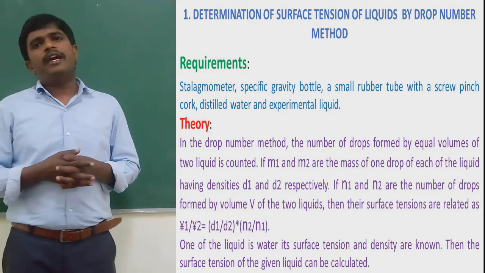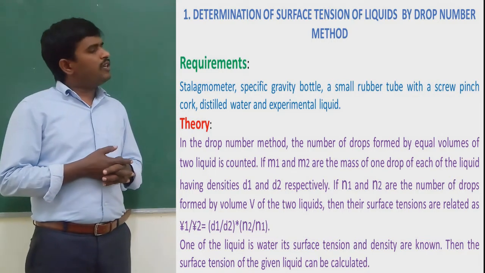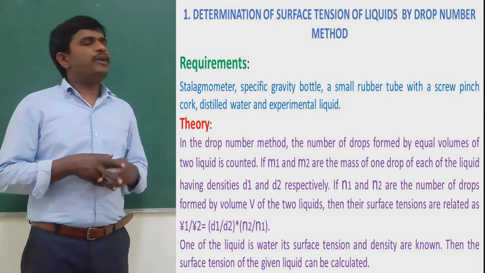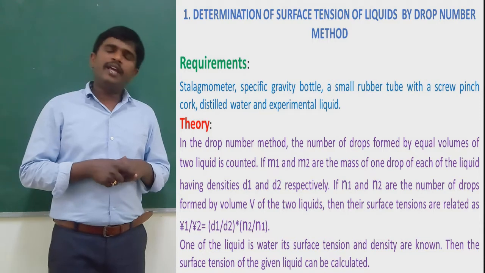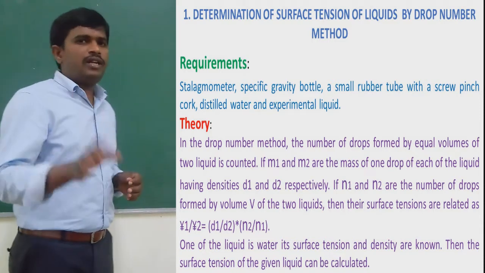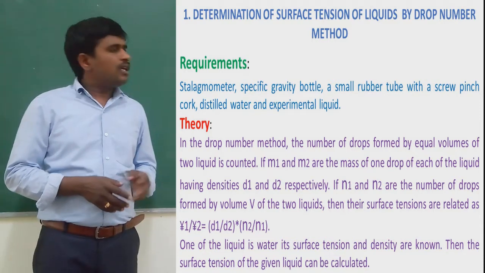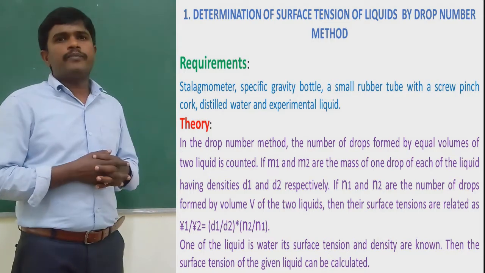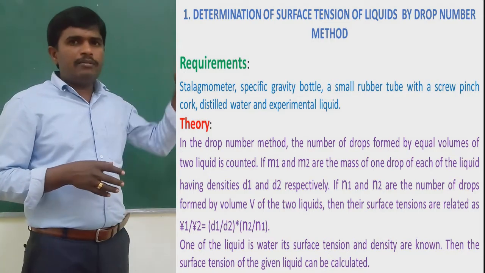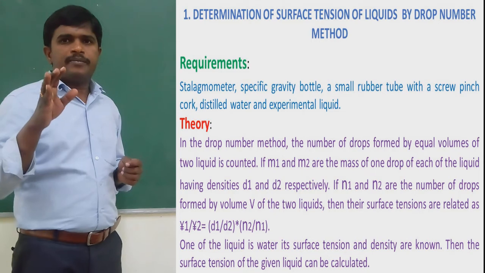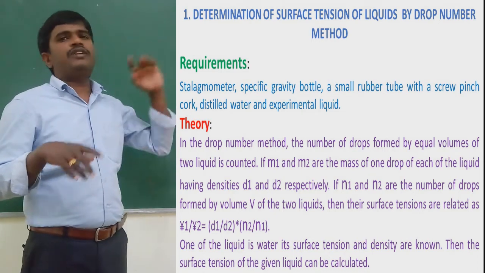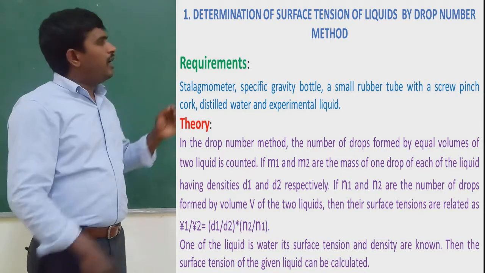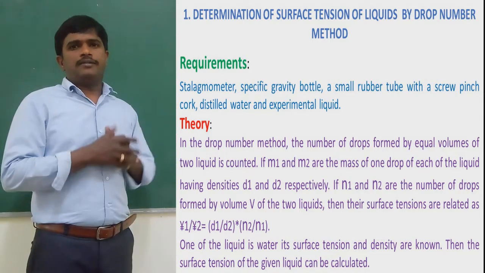If N1 and N2 are the number of drops formed by volume V of the two liquids, then their surface tensions are related as gamma 1 by gamma 2 is equal to D1 by D2, that is, density of water and another liquid, into N2 by N1.